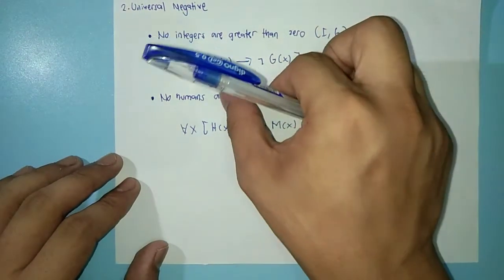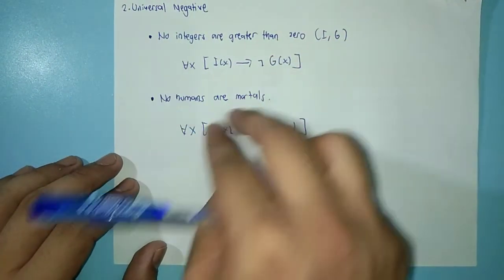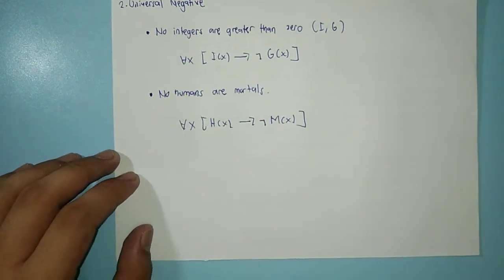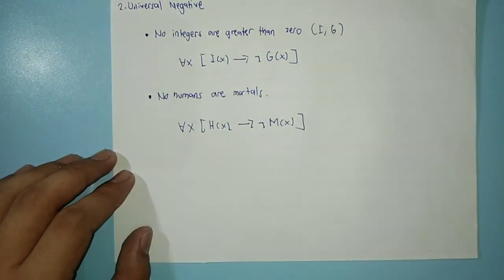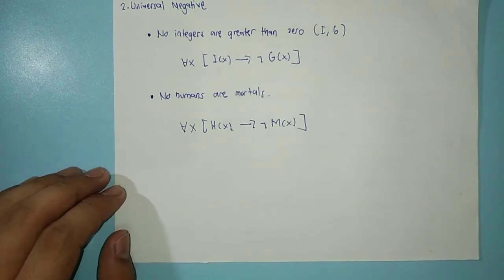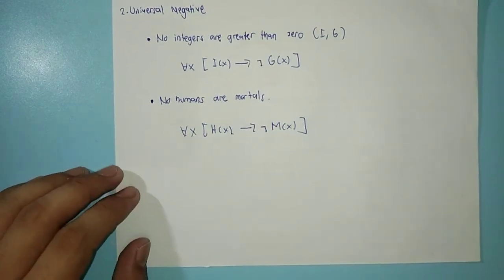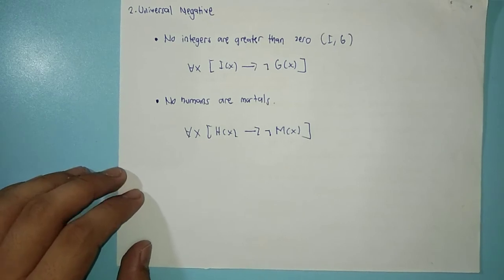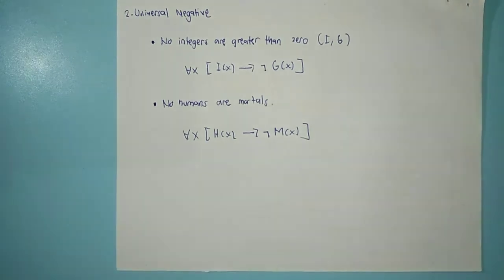So, although yung proposition pa rin to kasi alam natin na false to. No? Okay. So, ganyan natin siya i-symbolize. H of x implies not m of x. So mapapansin nyo sa universal affirmative, universal negative, parehong ginagamit natin ay implication. Okay? So let's proceed to another one.